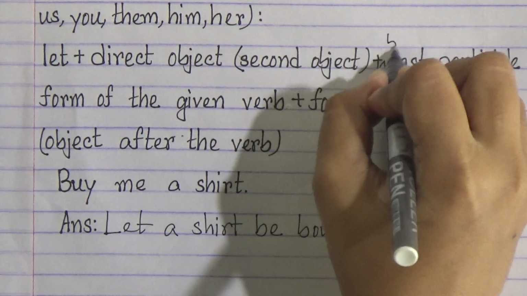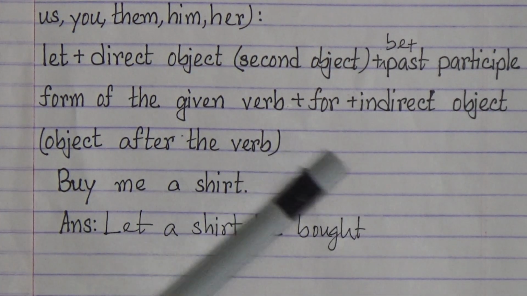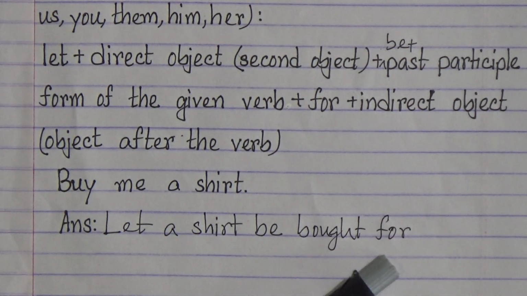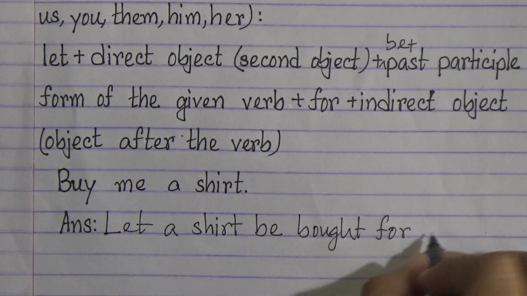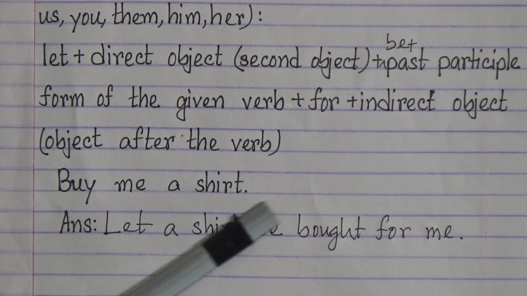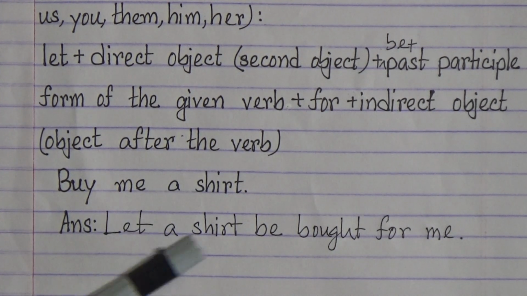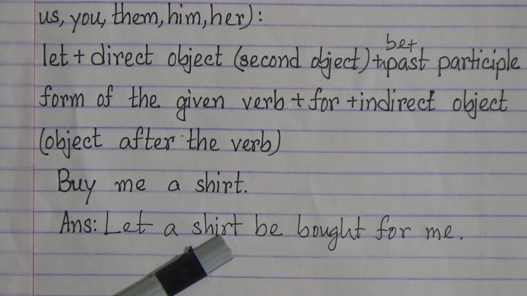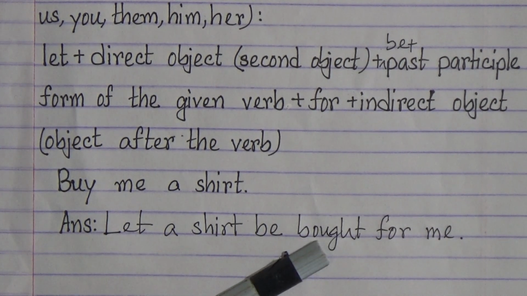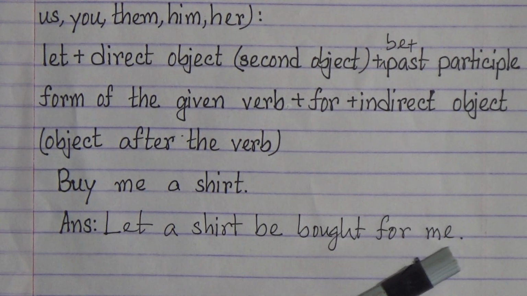There will be a be verb. I forgot to write. Now let a shirt be bought, then we will write here for. Let a shirt be bought for, then it will be me. Let a shirt be bought for me. Okay, buy me a shirt. So you will start your passive sentence with let, then there will be the second object, that means a shirt, then you write be, then the past participle form of the verb, and then you will write for, and then the indirect object me.